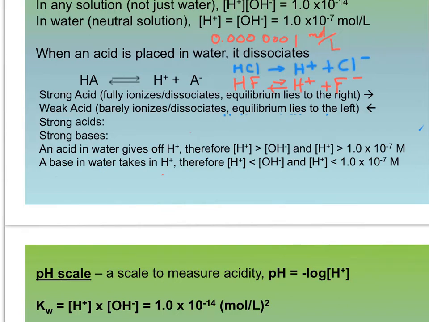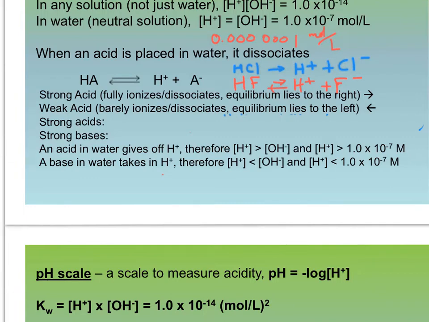Looking at the Bronsted-Lowry definition, a proton acceptor takes in H pluses. So if I have water where both are equal and I put a base in there, it takes away some of the H pluses. So my H plus concentration is lower than my OH minus concentration, which means my H plus concentration is lower than 1.0 times 10 to the negative 7th.